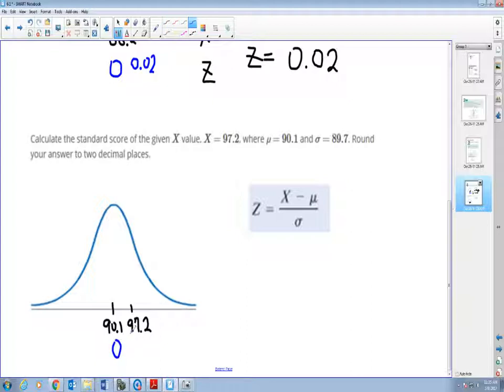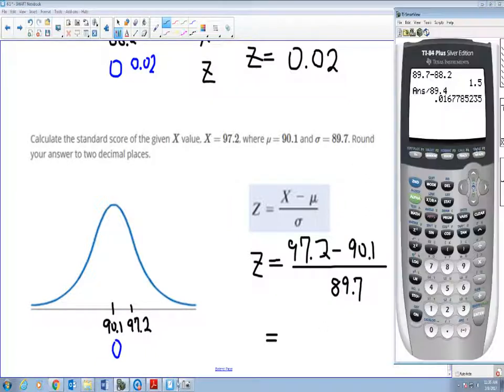So let's see what this 97.2 will turn out equal to in terms of standard deviation. So if I take the 97.2 minus the mean, which is 90.1, divided by the standard deviation, alright, 7.1.